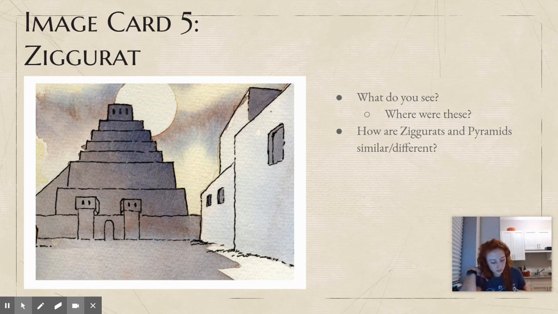And they're different because pyramids were built in Egypt and were burial places for pharaohs and had triangular sides and square bases, while ziggurats were built in Mesopotamia, had temples on top for the gods, and had wide steps that got smaller as you got closer to the top, okay? So the pyramids did have some steps, but it wasn't very common for them to have steps, okay?